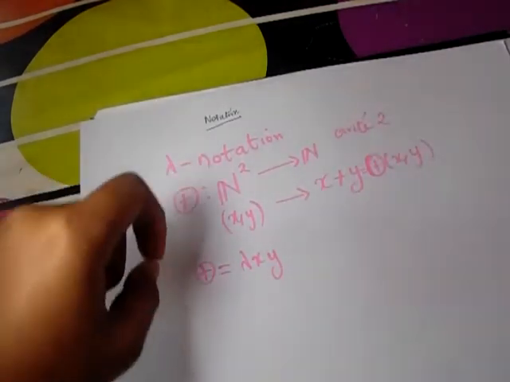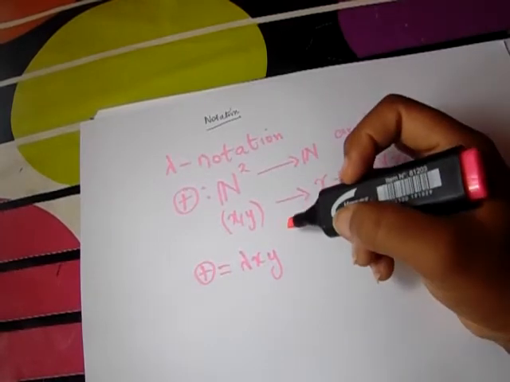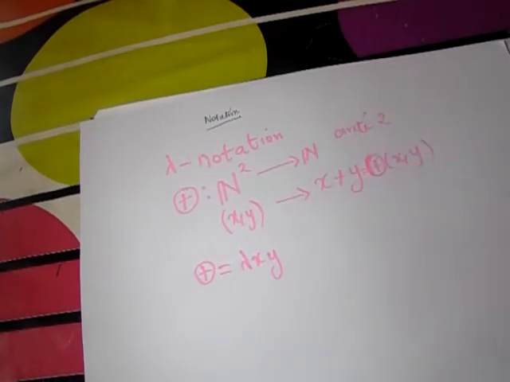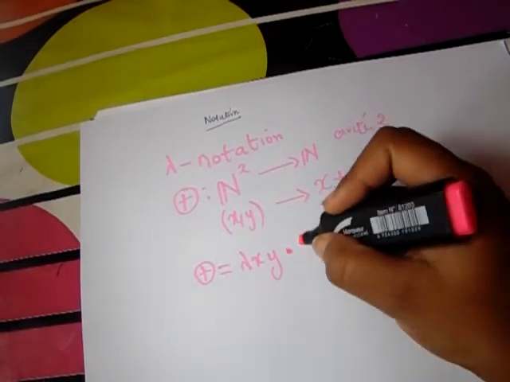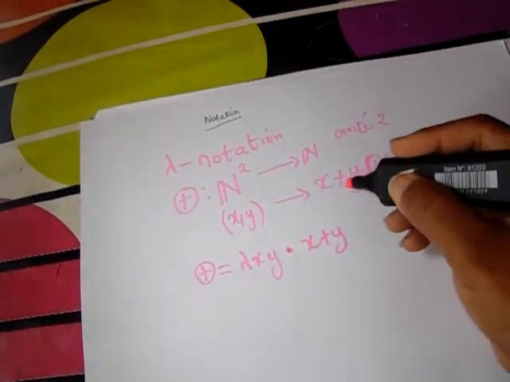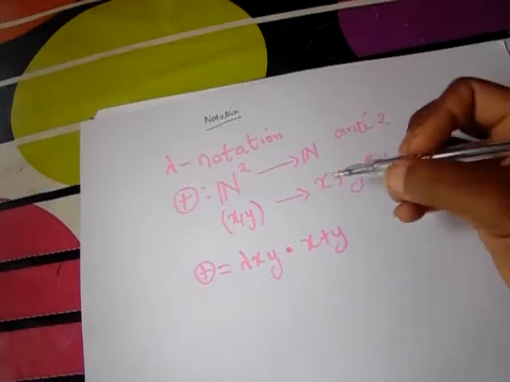Lambda xy is representing the first part, which we have there. Then x plus y, which is representing this part. And that's how we basically write the notation for functions.